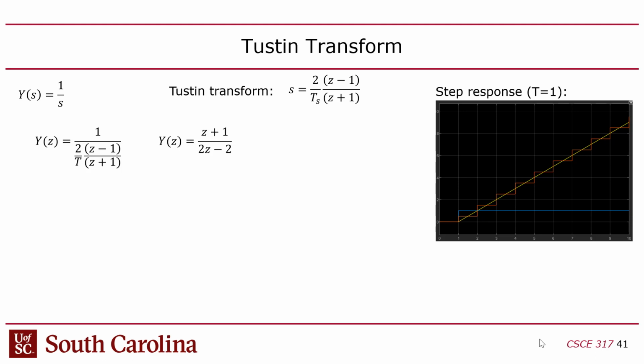So the problem is, if you have a stable controller in the S domain, is it still going to be stable in the discrete, Z domain? Well, actually, it depends on T sub S. That's your time step.